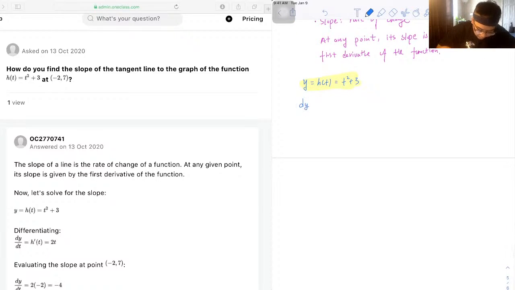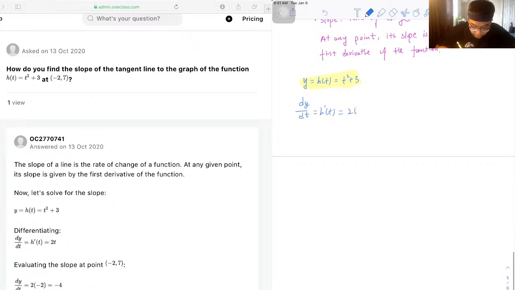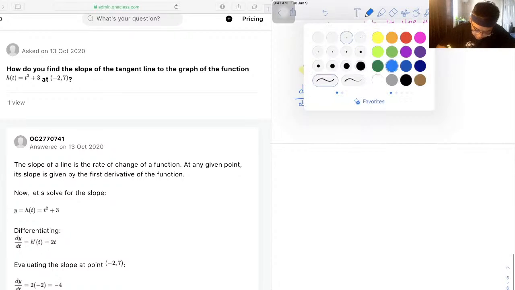So dy/dt is equal to the derivative of h(t), which is equal to 2t, because we need to move the exponent to the coefficient, and then the original exponent will decrease by 1. So that's 2t to the exponent of 2 minus 1, which is going to be 2t. And then we need to evaluate at this point.